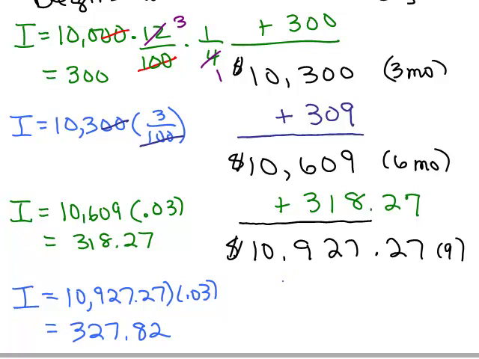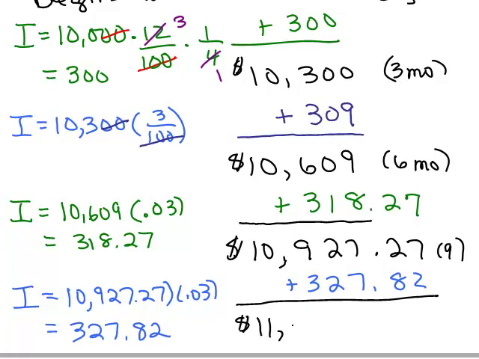I'm just trying to get the point across and not have you do everything by hand. But if you didn't have a calculator, this really isn't very hard to multiply this number times 3. All right, so we've got 327.82. So the total amount in the account happens to be $11,255.09 after 1 year.